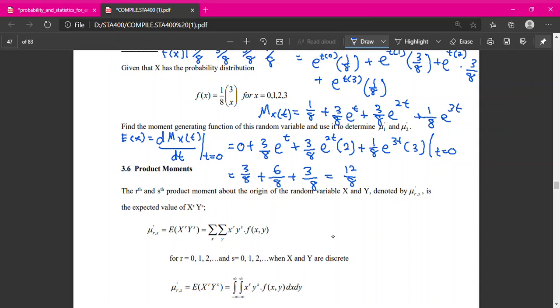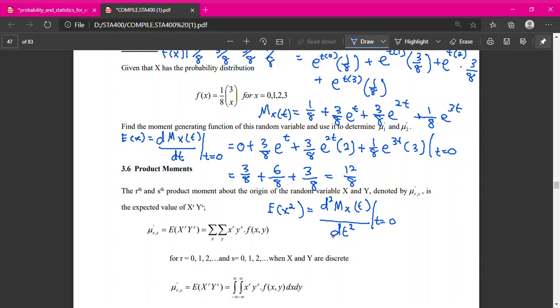So let's say yang kedua pula kita nak cari expected of x square, the second moment about the origin, which is you need to differentiate the MGF function, the second derivative. Okay, d square over dt2 terhadap t. Then replacekan t with 0. Means that we need to differentiate yang ni.